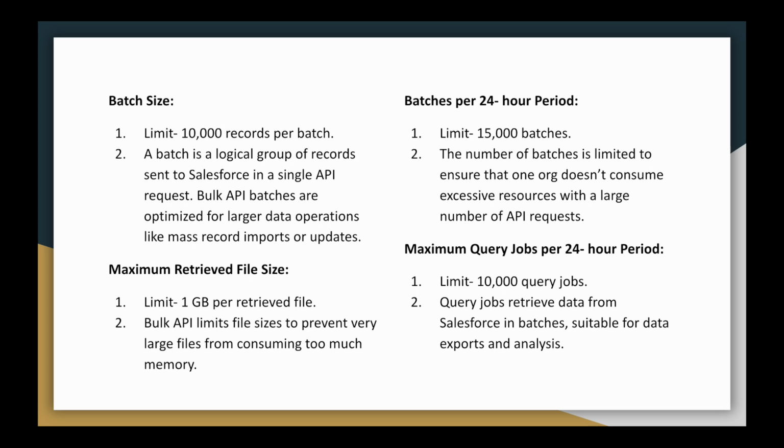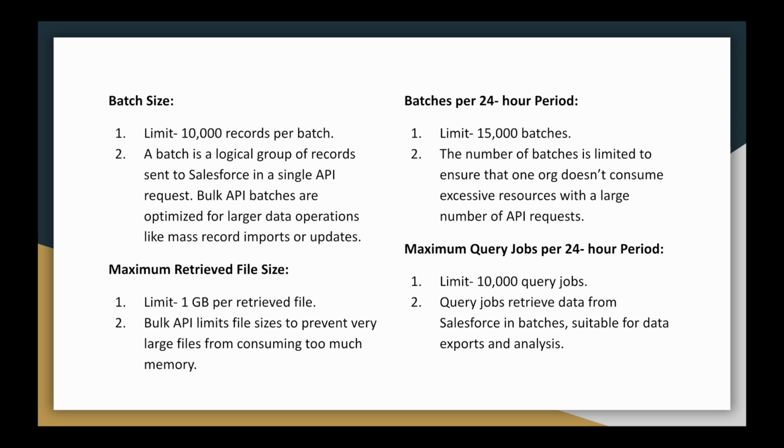In Bulk API, batches are optimized for larger data operations like mass record imports or updates. If we talk about batches per 24-hour period, we have a limit of 15,000 batches. So in a 24-hour period we can run 15,000 batches, and each batch allows us to process 10,000 records. That turns out to be 150 million records.